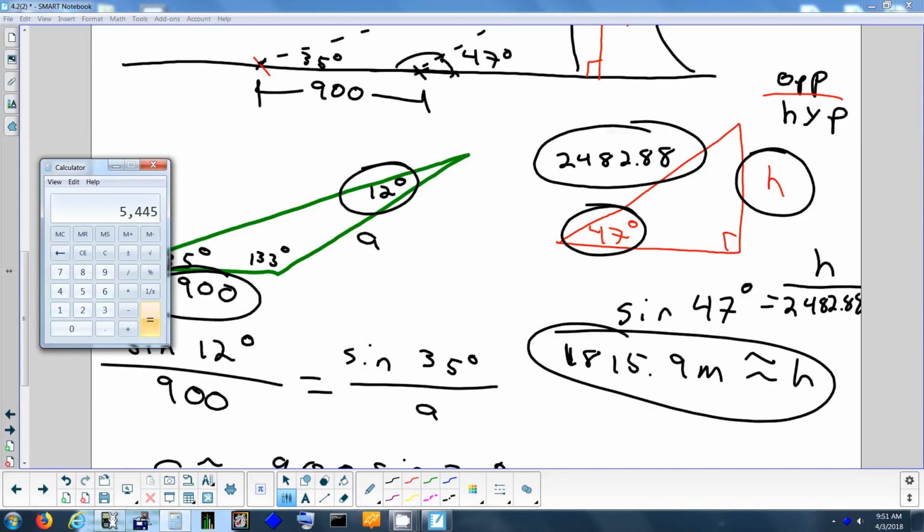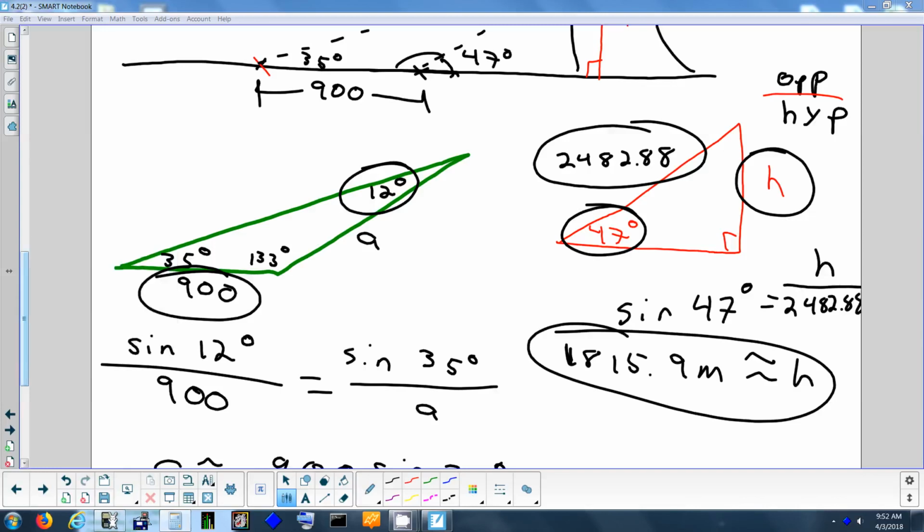Monadnock's 3,165. Mount Washington, which is the tallest one in the Northeast, is a little over 6,000. I think 6,200 something. So this would be pretty big for this area, but obviously out in Colorado, or even California, they have mountains in the 14,000 foot range. In Alaska, even taller. So you don't have to know that.